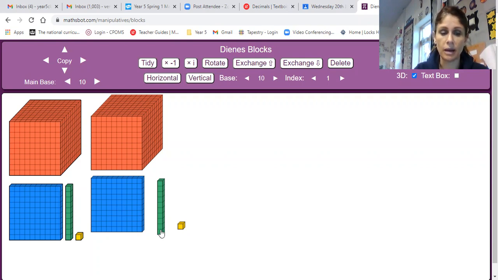So we're thinking about seeing if we can work out which is the greater number. Is it 0.12 or is it 0.4? And you have to prove it. So you can have a go at using these blocks, remembering what they're worth: 0.1, 0.01, 0.001. Have a play with those blocks and see if you can use them to help you.